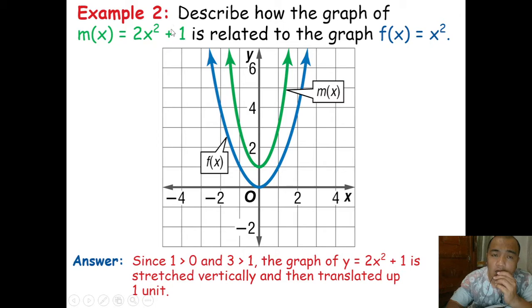At the same time, di ba pag plus 1 dito, then it will be shifted or translated up 1 unit from the origin. Yun. It's narrower and it will be translated up 1 unit. Pag minus 1, it will be translated down 1 unit.